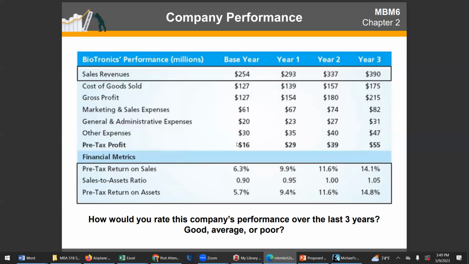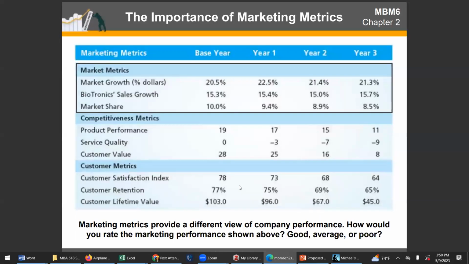Okay. So you might say, what do you mean by that? Let's take a look here. Again, same company, Biotronics. First, outside of Biotronics, the market growth, the growth in the entire industry in which Biotronics plays, is going up.